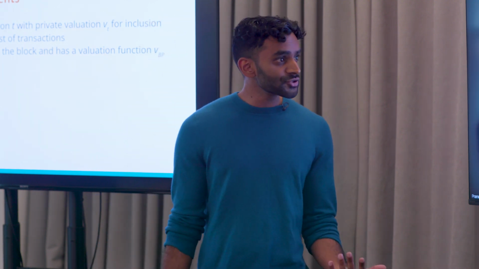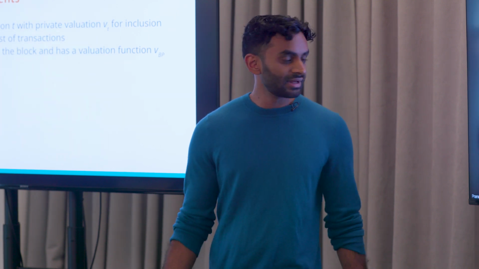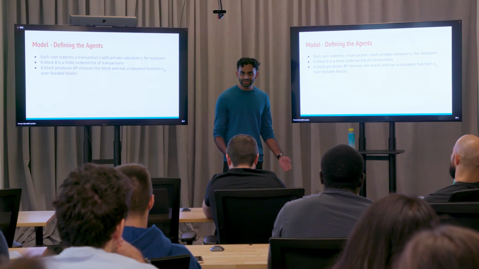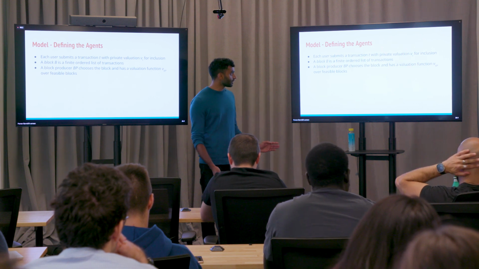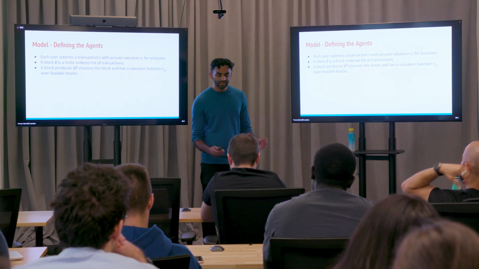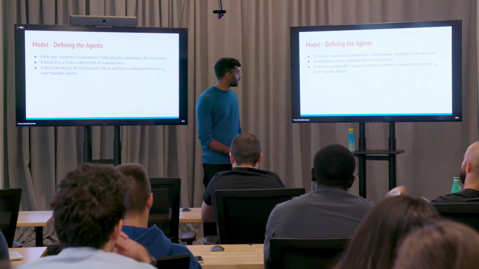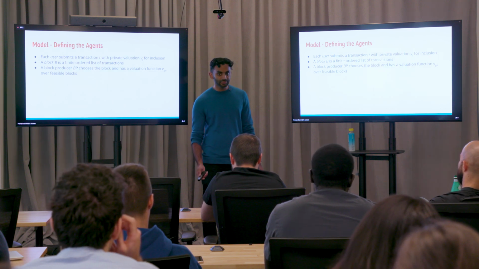We capture this by saying they have a valuation function, VBP, and there's some feasible set of blocks. You can imagine that being some block size, for example, only K transactions can fit in the block. But it's more of a general thing. The exact way the feasible block structure looks doesn't particularly matter.